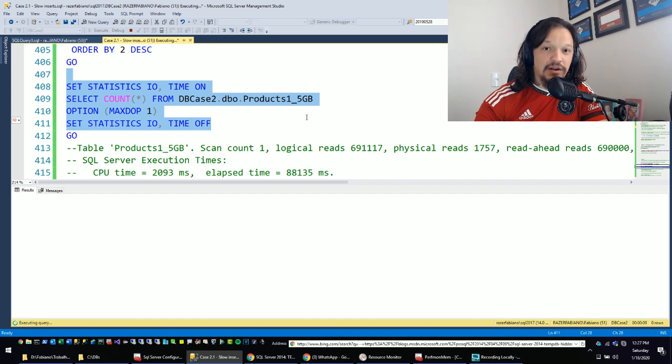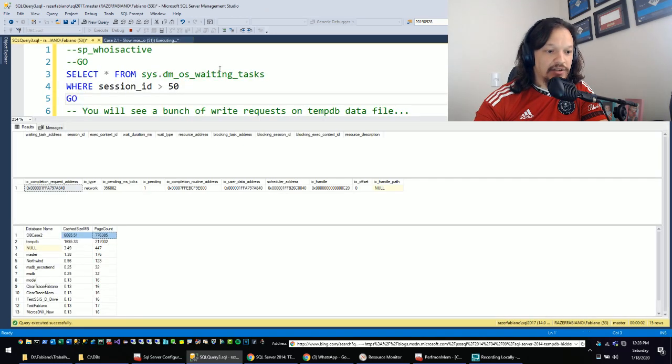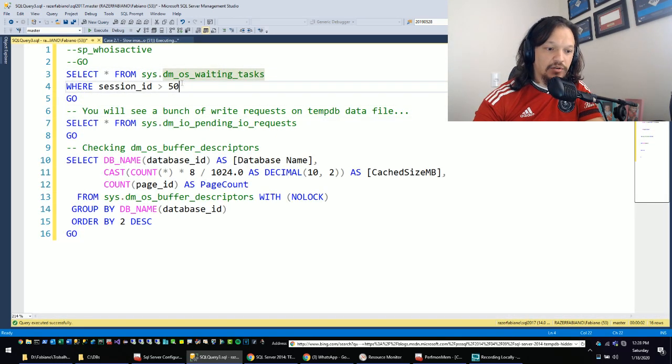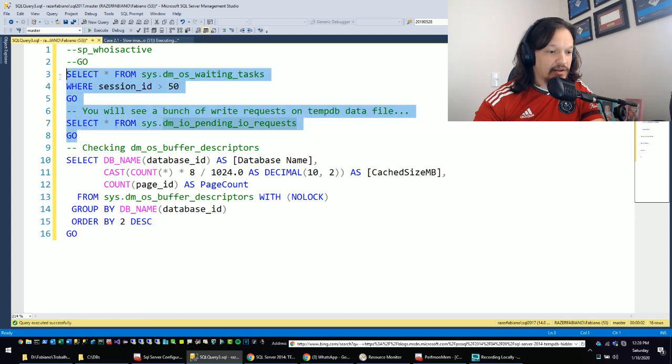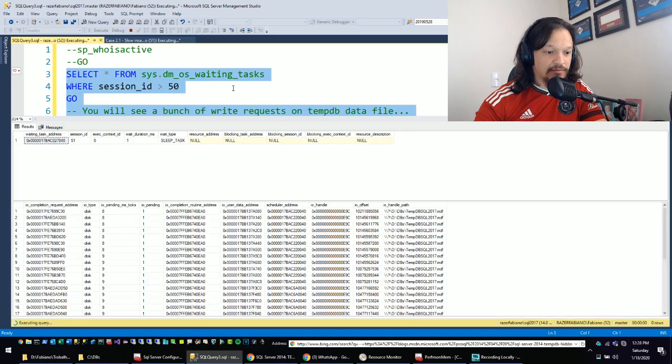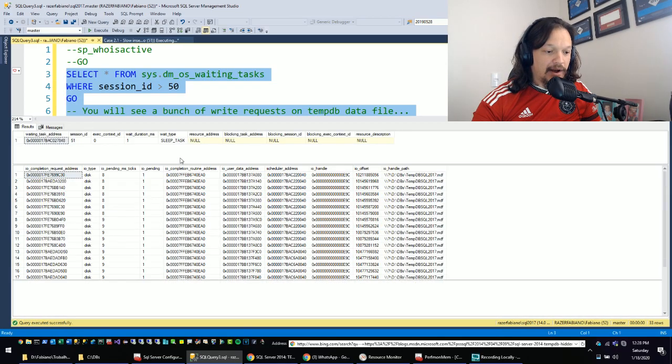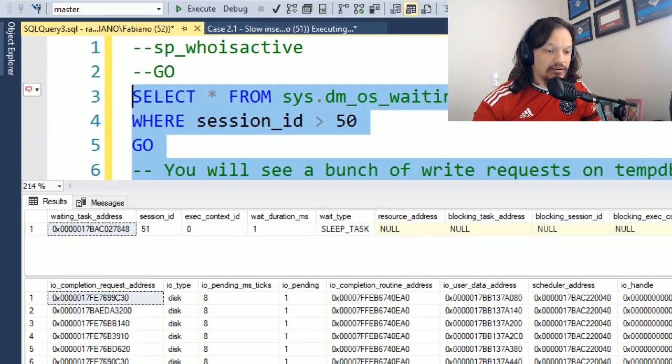And while it's running, look at what's going on here. I'm going to look at this session here, at the waiting tasks and the IO pending requests, and check this out. My session, it's actually 51.